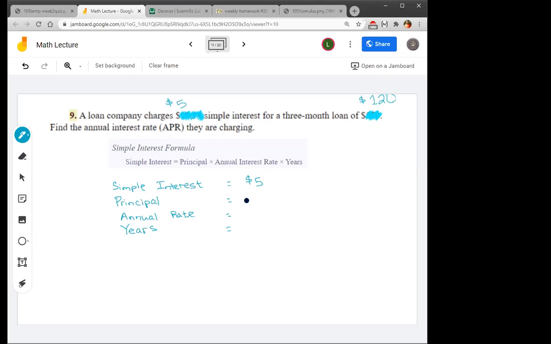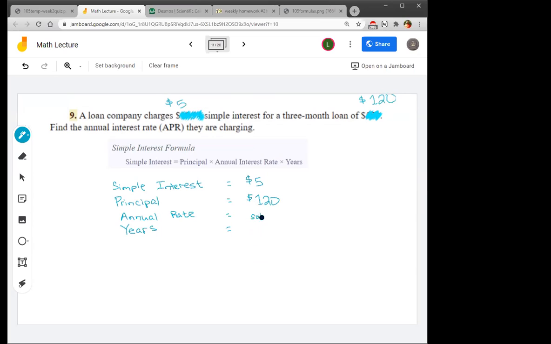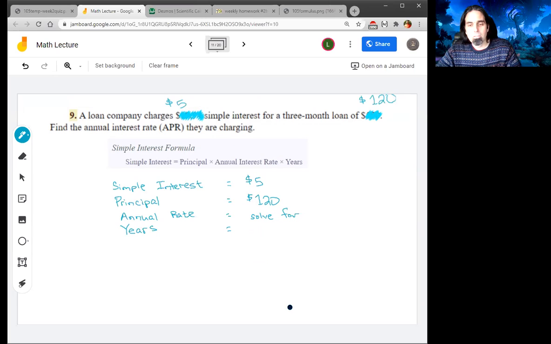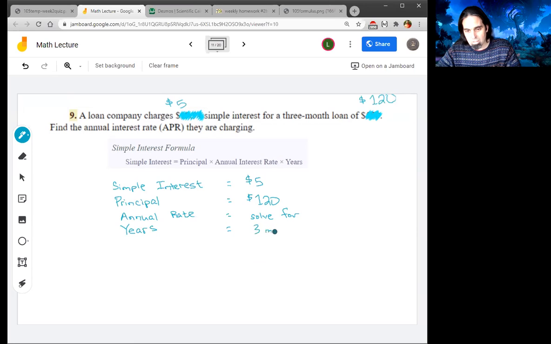The 120. What's the rate? I don't know. That's what we solved for. And what's the years? 0.25. Yeah, so 3 months equals a quarter of a year.